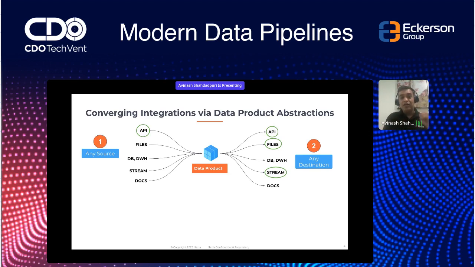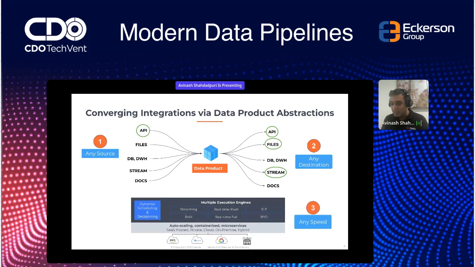So on my integration layer, if I can build something which can connect to anything, no matter what the source connector or source system, and give me a data product, and on my consumption layer, if I can build something which takes this data product and pushes it out to any data system out there, I would have, to a great extent, solved the problem of both chaos and fragmentation. Now, along with this, if I can abstract the way this data product gets executed.